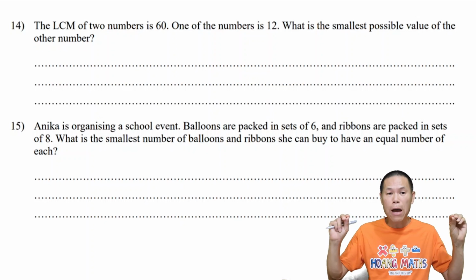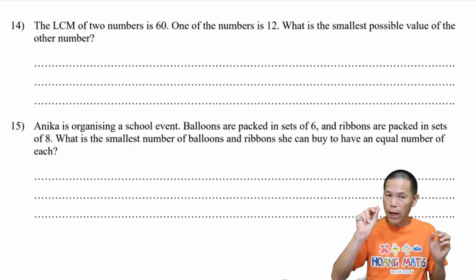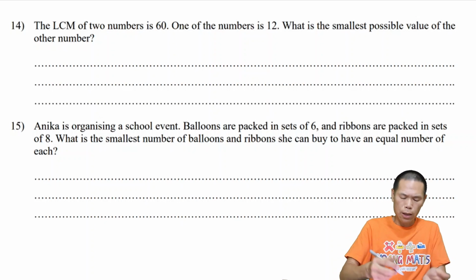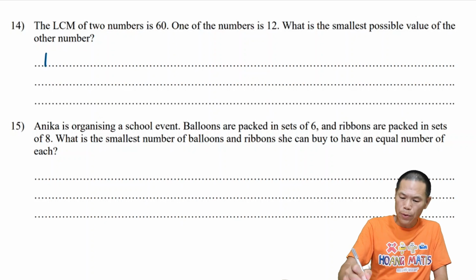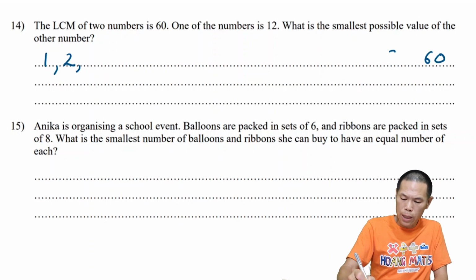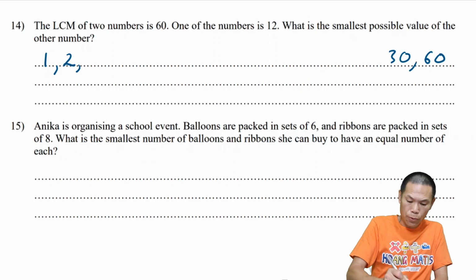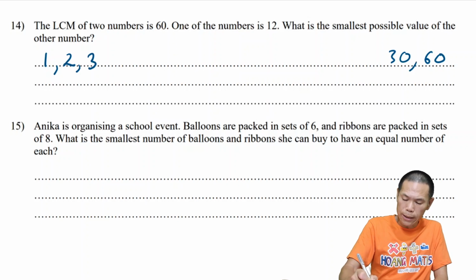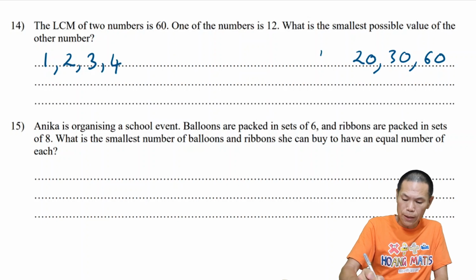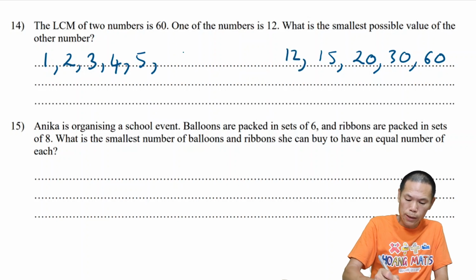Otherwise, you can list them out and pair the 2 factors that multiply to give me 60. So for example here, 1 and 60, 2 and 30, 3 and 20, 4 times 15 gives me 60, 5 and 12, 6 and 10.